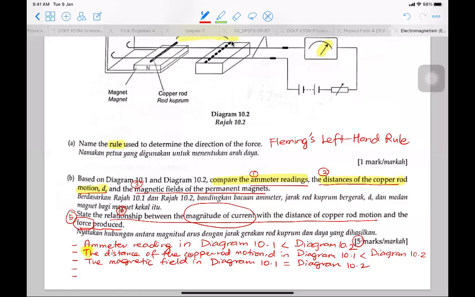You can use if then. When the magnitude of current increases, the distance of copper rod motion increases. Okay, correct. Can be accepted. That's what you write there.